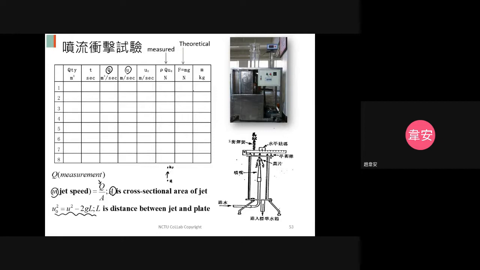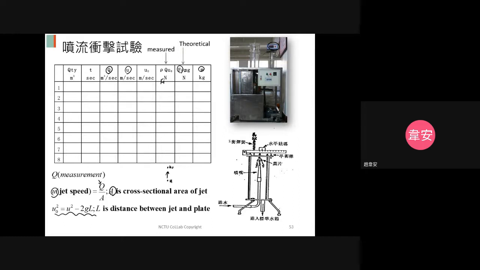Since we have U zero, we can compute the force based on the momentum equation, rho Q U zero. And we have a recorder that also supplies the mass, how large the mass contributed from the fluid jet is, and we can compute the theoretical force, and compare the measured and the theoretical values with each other to make the discussions.